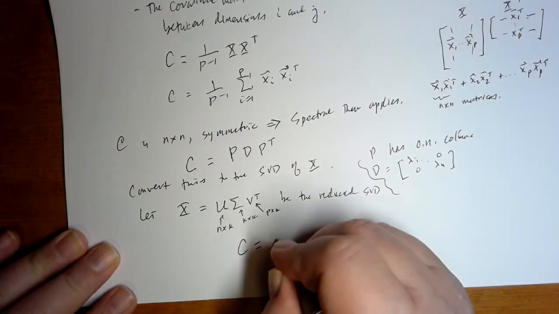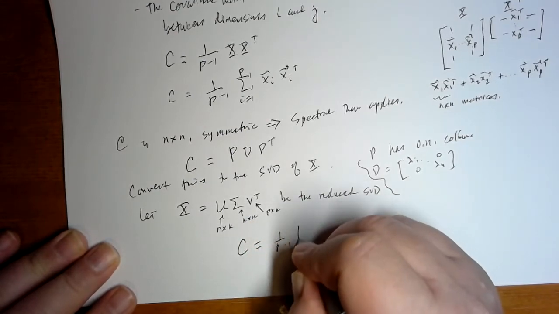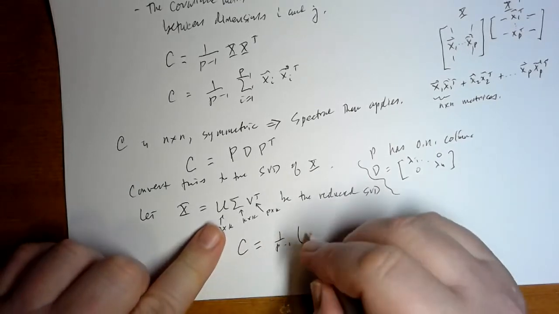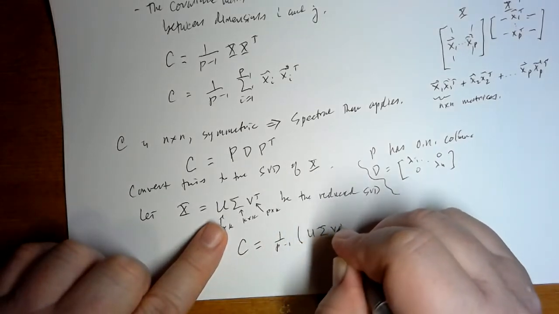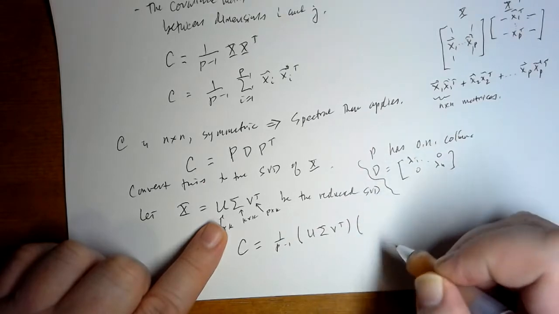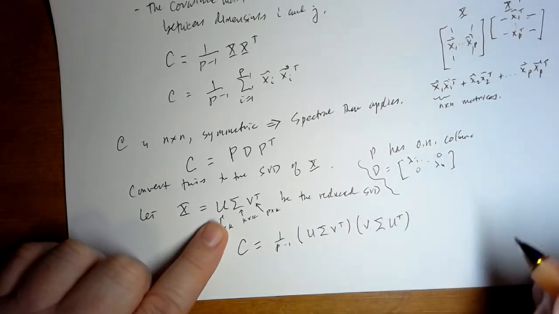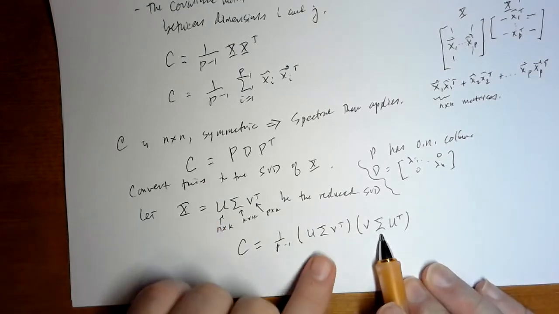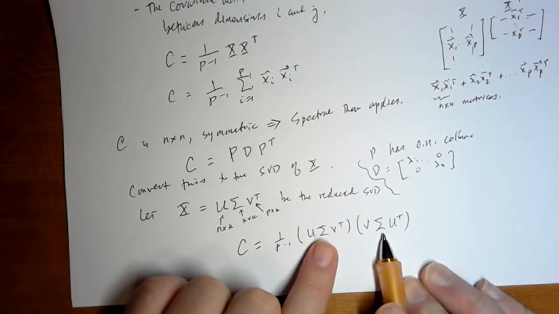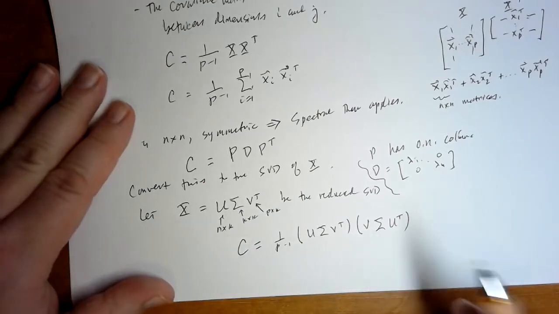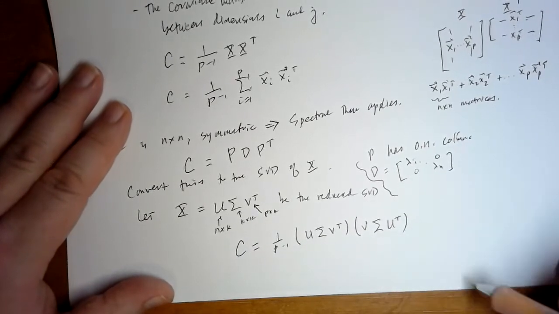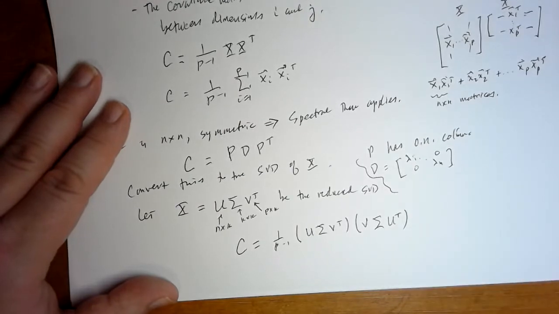So then C would be 1 over p minus 1 times X X transpose. Now remember, when you take the transpose, we have to write that in reverse order. Why didn't I take sigma transpose? Because sigma is a diagonal matrix, so it doesn't matter if it's transposed or not. Good. And let's simplify this. What do we get here?